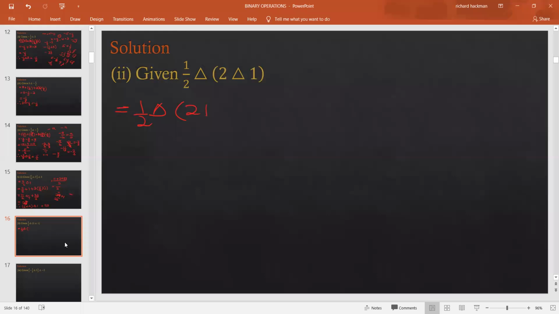Your first plus the second, then plus 3 times your first times the second. So which gives us 1 over 2 delta. Then this will give us 2 plus 1. Then if you multiply, you get plus 6. So in effect, we are going to get half delta. If you combine it, this will be 9. So 9 is just a single. You can now ignore the brackets.